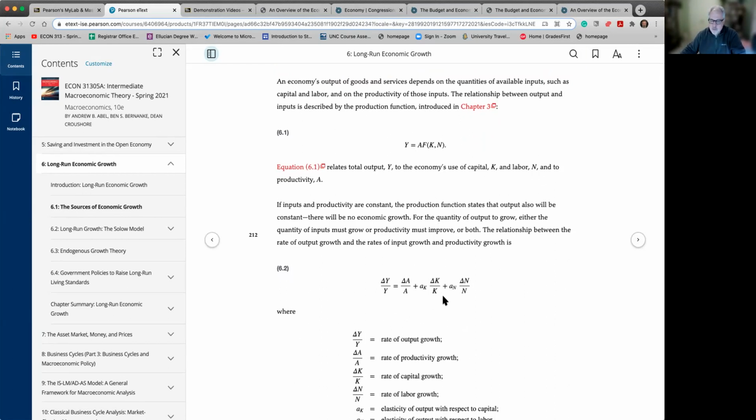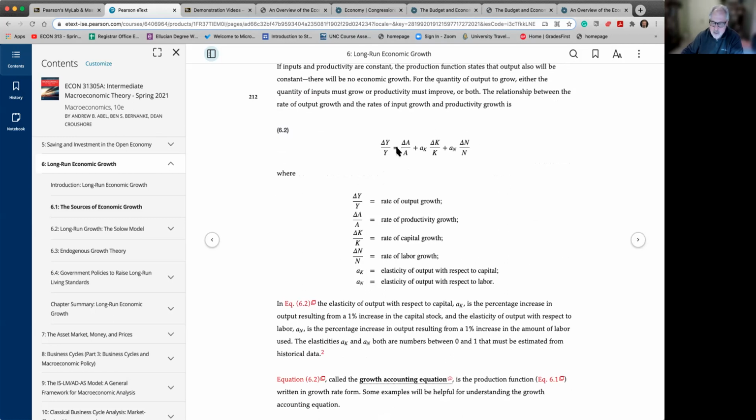If we thought about the equation that we have for real GDP, and we took logs and we took the difference in logs, this is what we would get. Or we can think of partial derivatives as well. And so we can translate this equation into this equation using changes rather than levels.